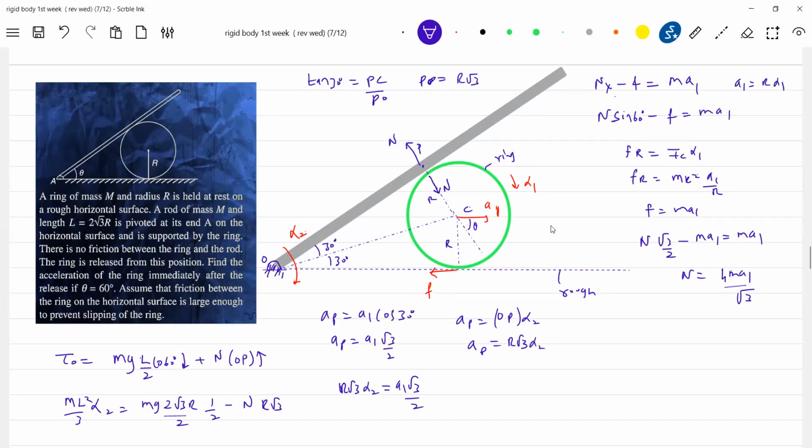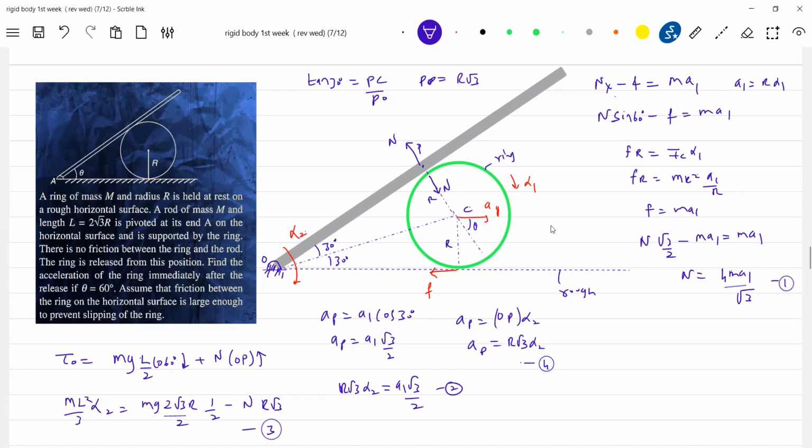Let me put all the equations. I'll call this equation 1, equation 2. How many unknowns are there? N, A1, alpha 2. Again, I should replace. We'll take this as equation 4.